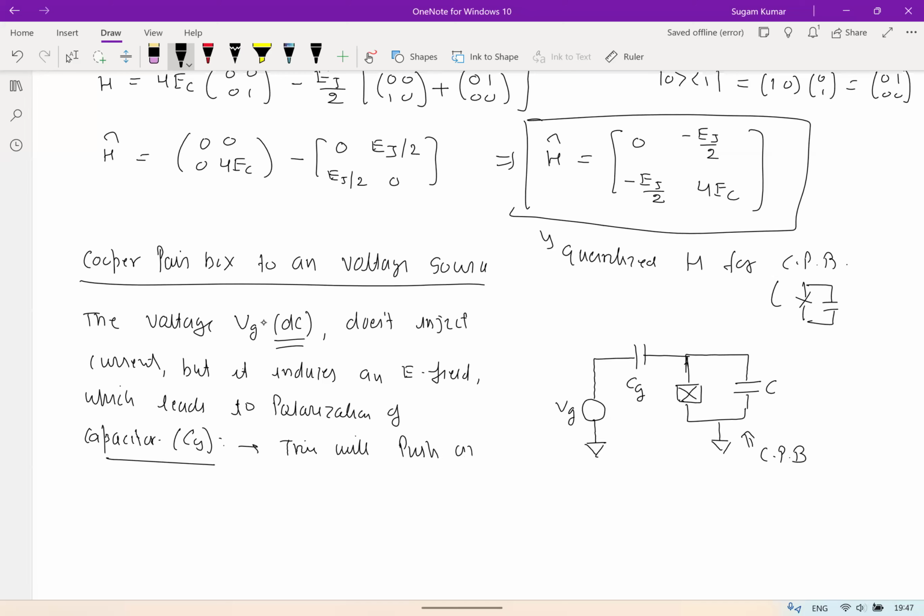And once the capacitor gets polarized, this will push or pull Cooper pairs on the island. And here is the island. I can just call this the island. So it is going to pull some or push some Cooper pairs on the island.